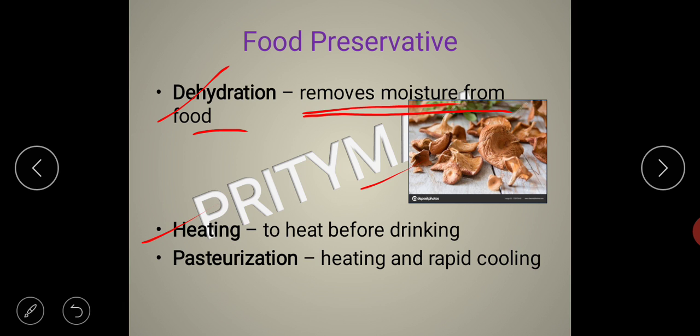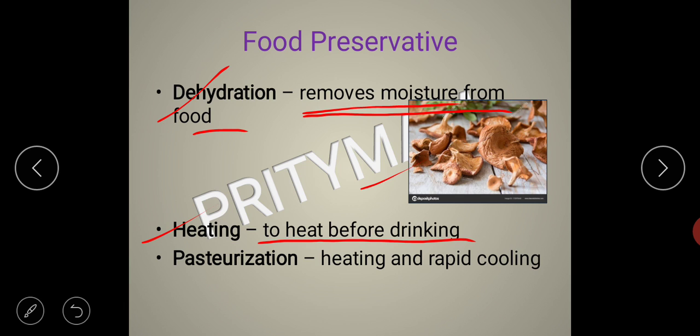So that is why water and milk are heated till they are boiled before we drink them. Louis Pasteur, one of the famous scientists, found that heating food to around 60 degrees Celsius would kill the microbes and bacteria.